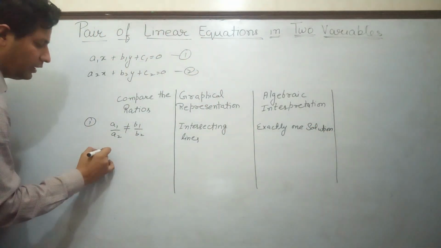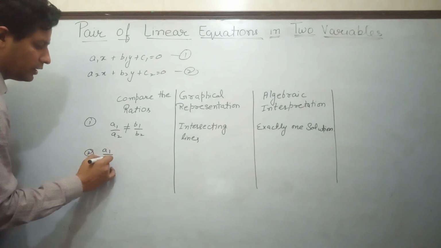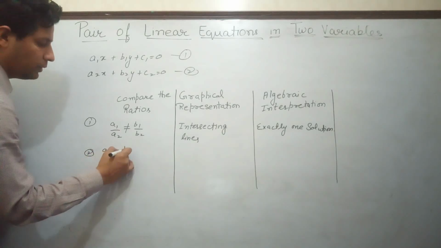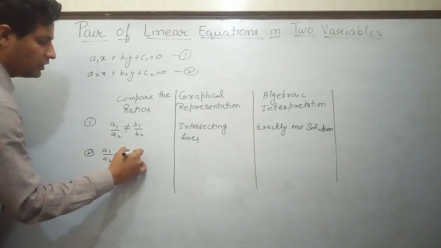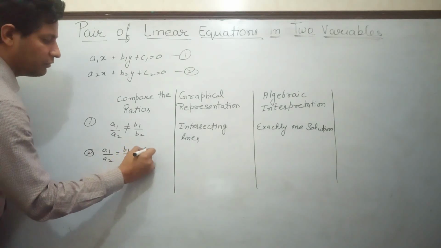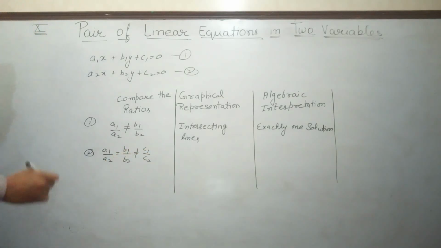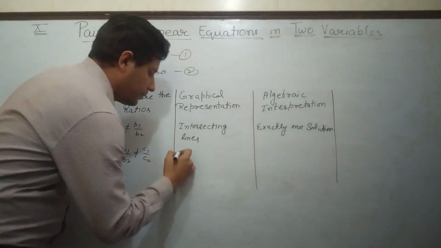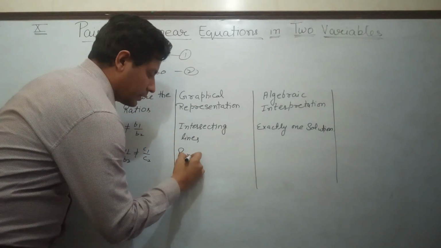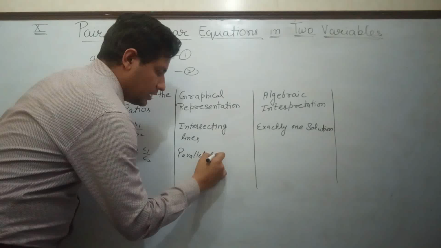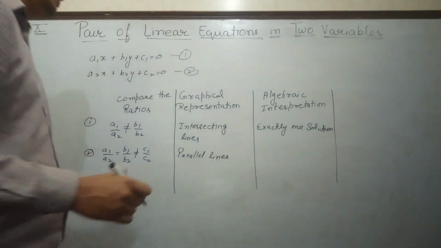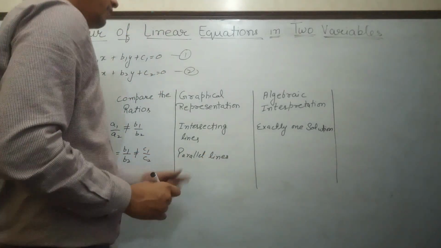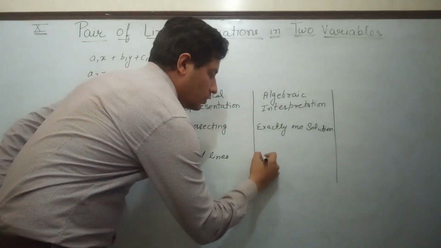Second, if a1 by a2 is equal to b1 by b2 is not equal to c1 by c2. So in this case, we have parallel lines. Since lines are parallel, we have no solution.